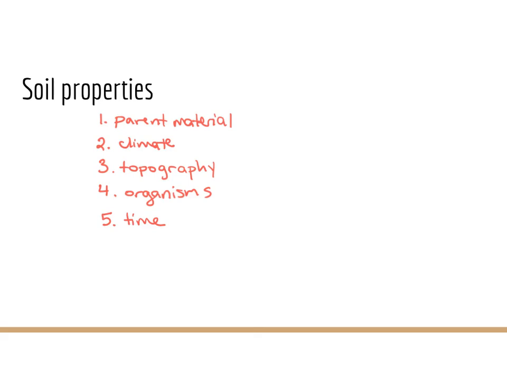So you have this balancing act of the amount of time for the parent material to weather down and for the decomposition process to build up that organic matter in the soil, but really old soils could also be more leached. That's probably going to depend on what climate it's in and what types of organisms are there. That's it for now.